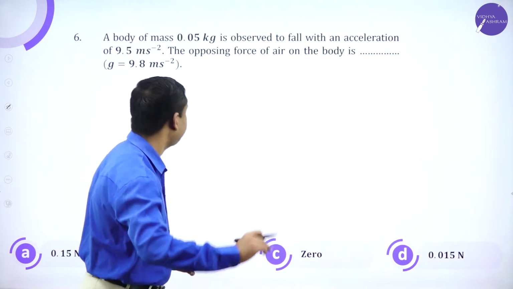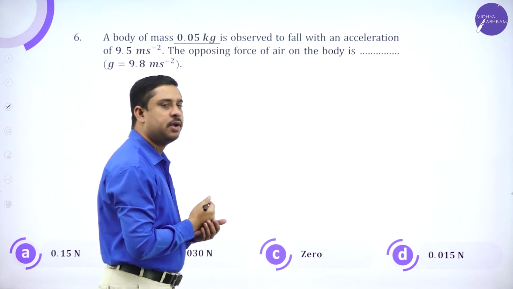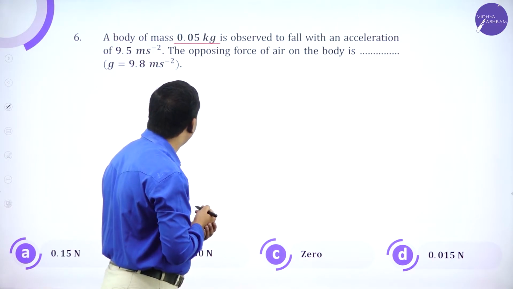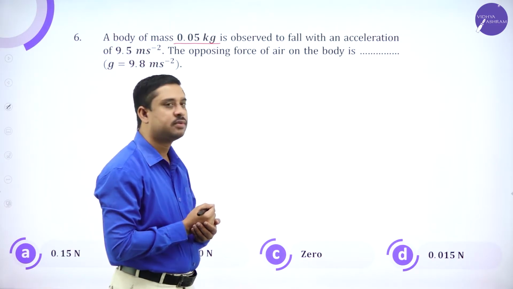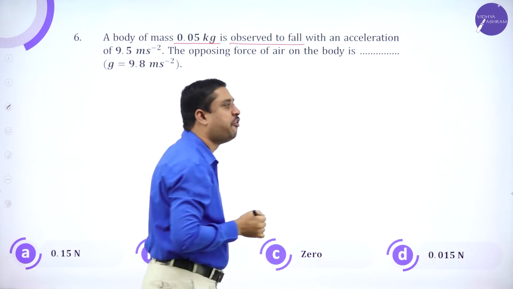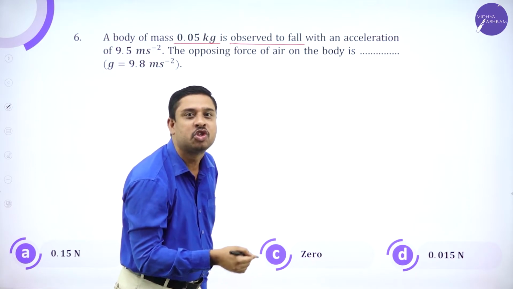Now, a body of mass 0.05 kgs is observed to fall in downward motion.